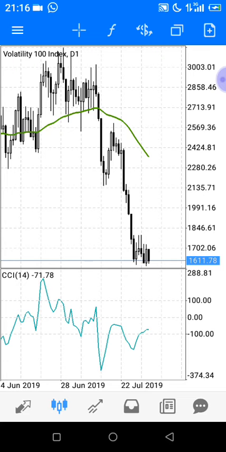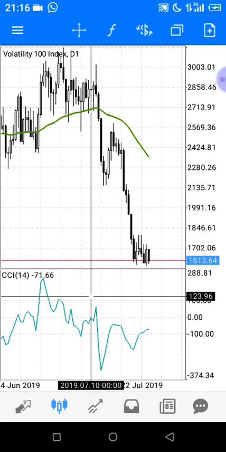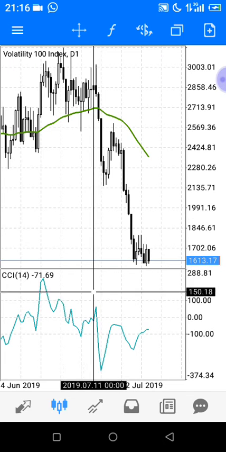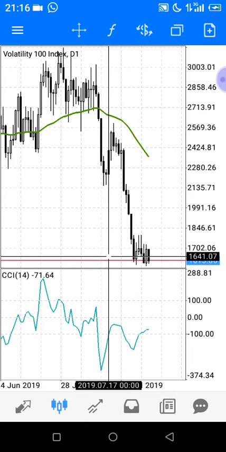The second condition is your CCI value, on the Commodity Channel Index indicator window, it should be a value higher than 100. That is from the upper values here going up.